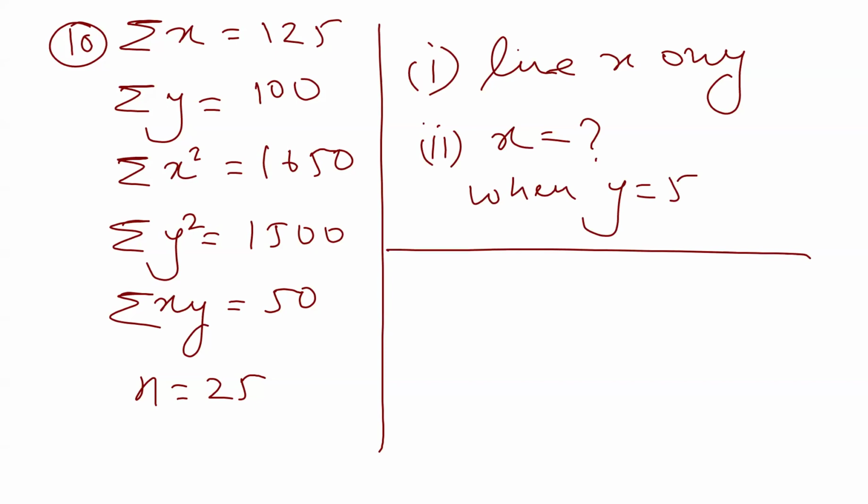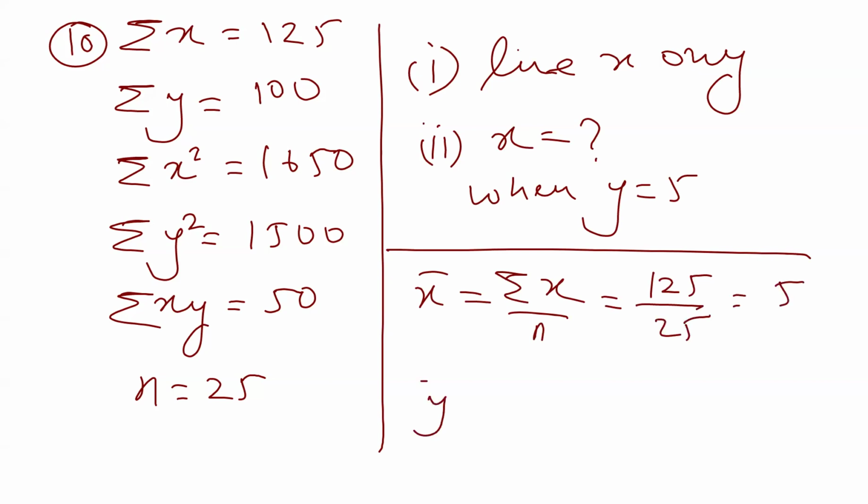First and foremost, we are going to calculate x bar and y bar like the previous problem. So summation x, that is 125 upon 25, which is 5. Y bar is equal to summation y upon n, that is 100 upon 25, which is equal to 4.